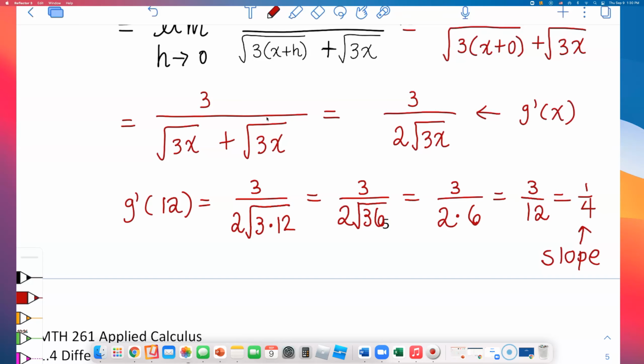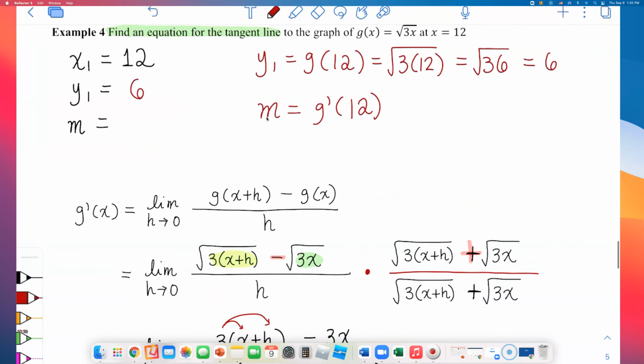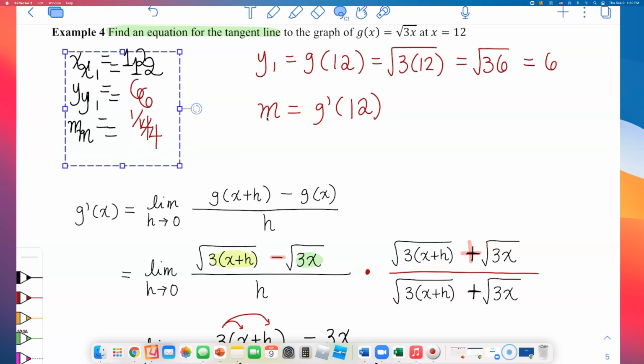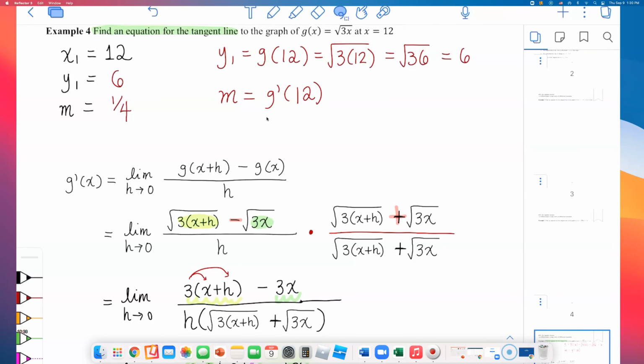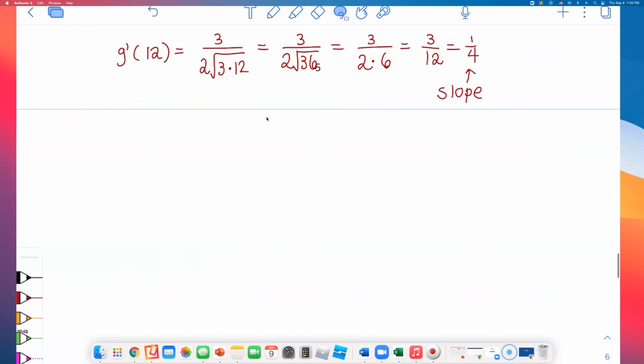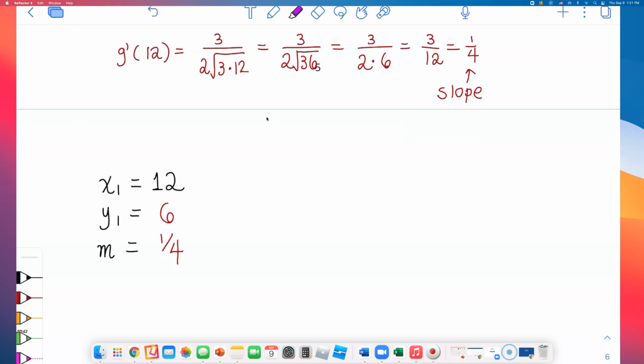So what I now need to do is write that number down over here, 1 over 4, and I am ready to do my point slope form. Let me copy this on a separate piece of paper, and I will add a piece of paper down here because I don't want to squeeze my final answer in a small room. So I have my numbers that I need to plug in to write an equation of a line, and I'm going to use the point slope form, okay?